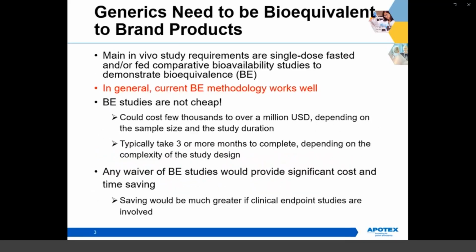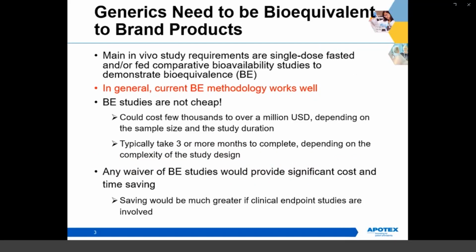To ensure equal in vivo performance, generics need to be bioequivalent to the brand products. To demonstrate bioequivalence, the main in vivo study requirements are single dose, fasted and/or fed comparative bioavailability studies. In general, the current BE methodology works well. However, BE studies are not cheap.